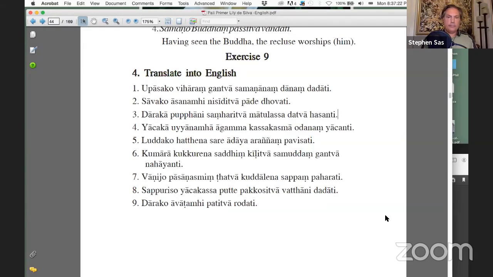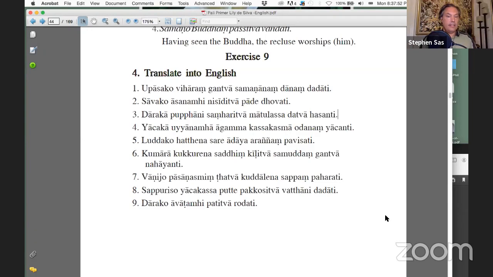Aranyam pavisati, yes. So the hunter, sare adaya, having taken arrows, then what does he do? He enters the forest. But you're missing one piece. Oh, right, sorry, hatena, with his hand.